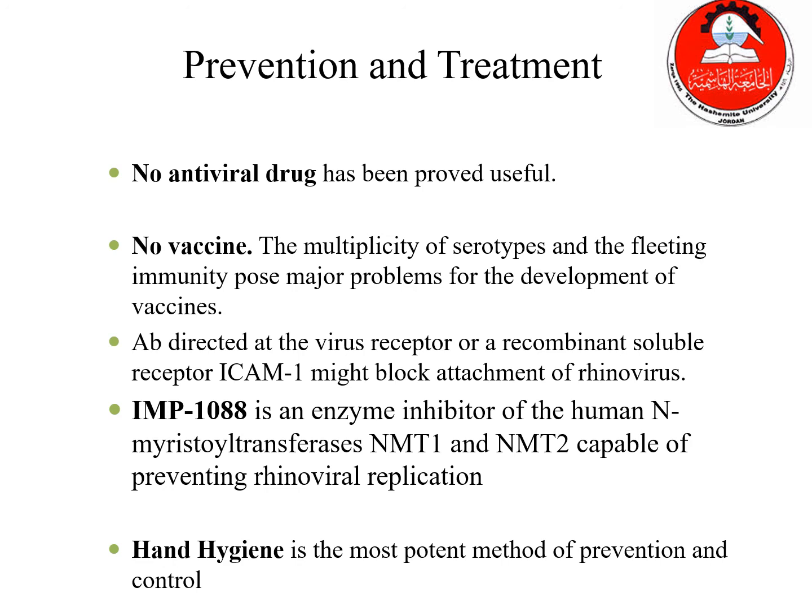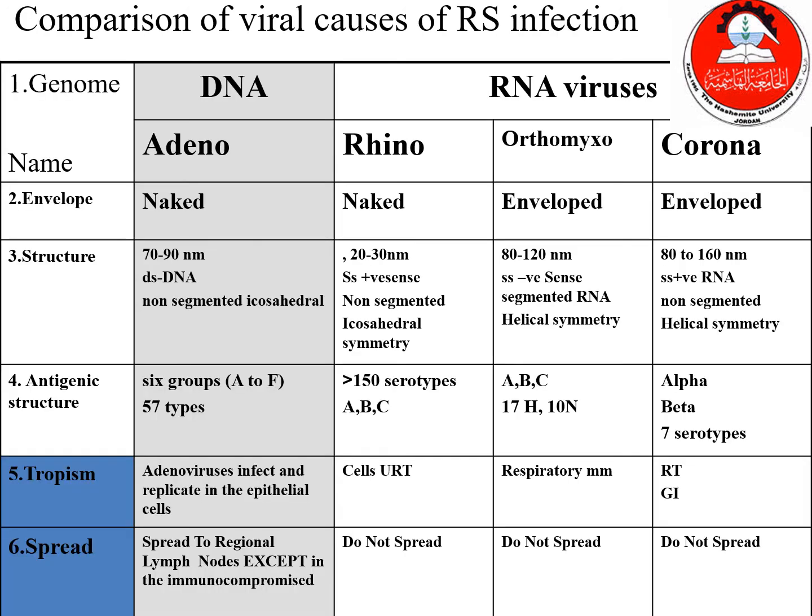This is a new drug, and both the soluble ICAM-1 receptor and IMP-1088 are not used routinely to treat, but as we said, symptomatic treatment is the way to go in the case of rhinovirus infection. Prevention, once again, hand hygiene is an important measure to control the infection.